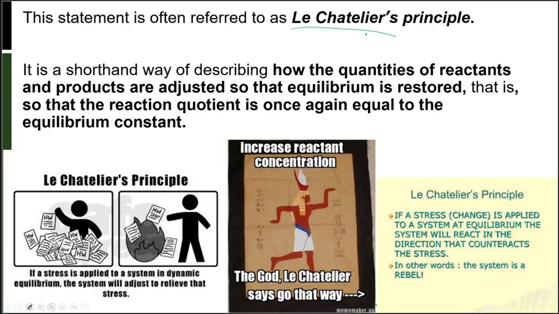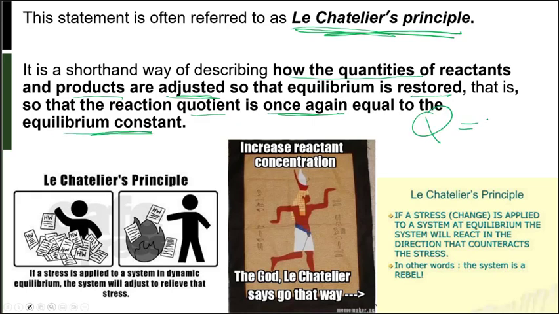This is called Le Chatelier's principle. It's a shorthand way of describing how the quantities of reactants and products are adjusted so that equilibrium is restored. That is, so that the reaction quotient is once again equal to the equilibrium constant.